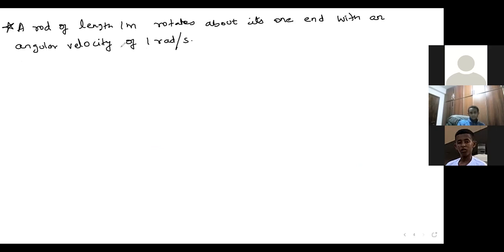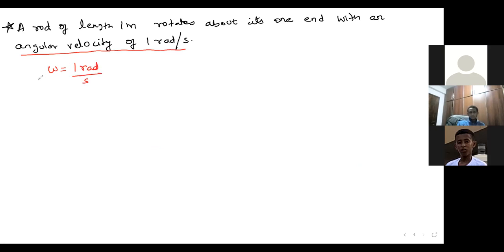I am sure you are aware of the meaning of angular velocity. Angular velocity basically means omega is equal to 1 radian per second, correct?